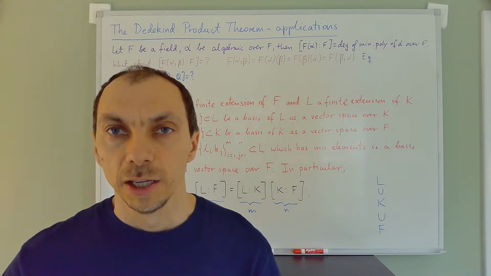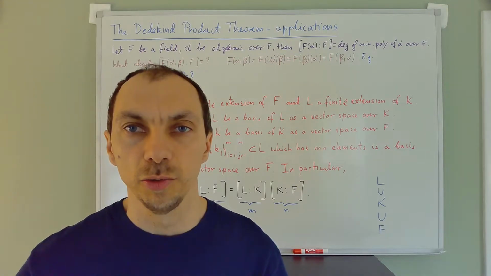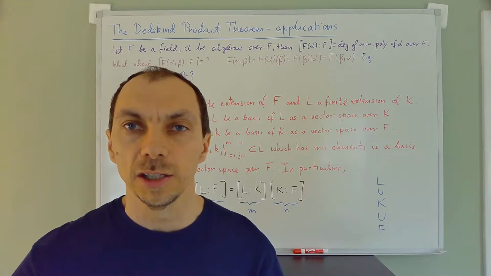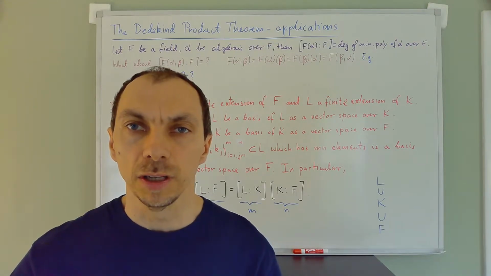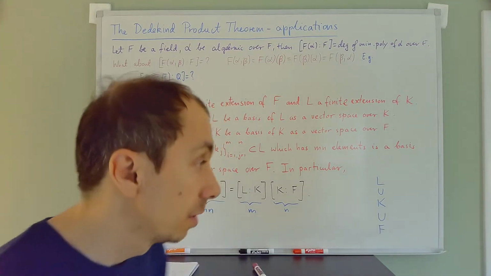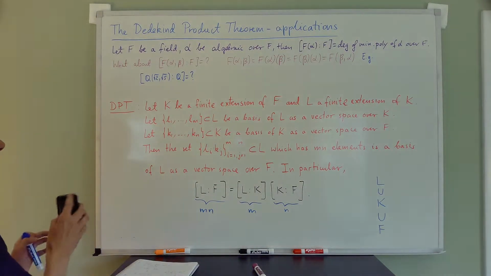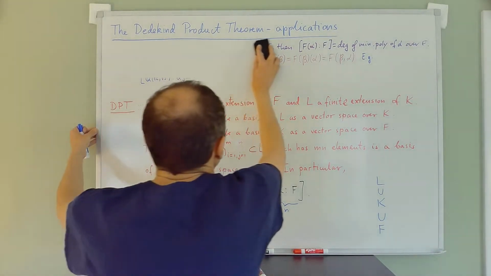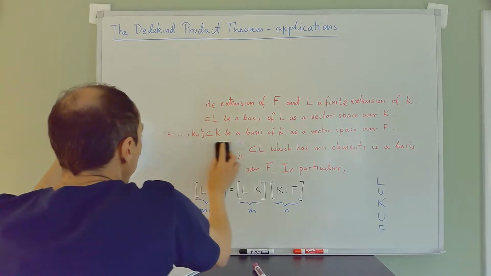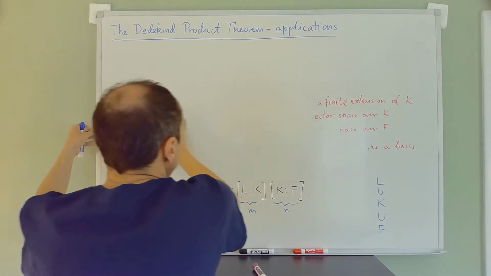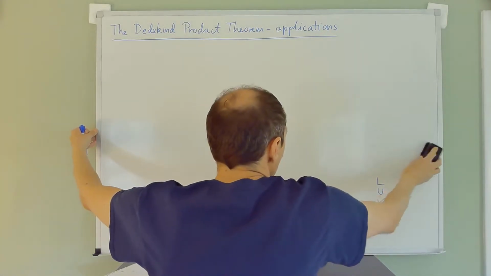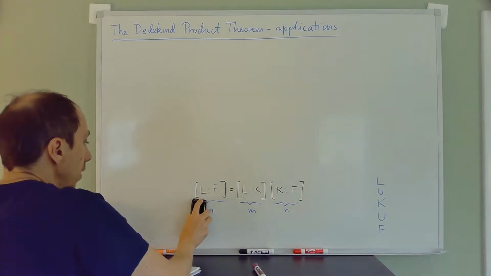And next time you will see how to actually use these computations to get a very interesting insight into which irrational numbers can be written as certain combinations of other irrational numbers. I will erase the statement of this theorem except for the statement about the degrees.